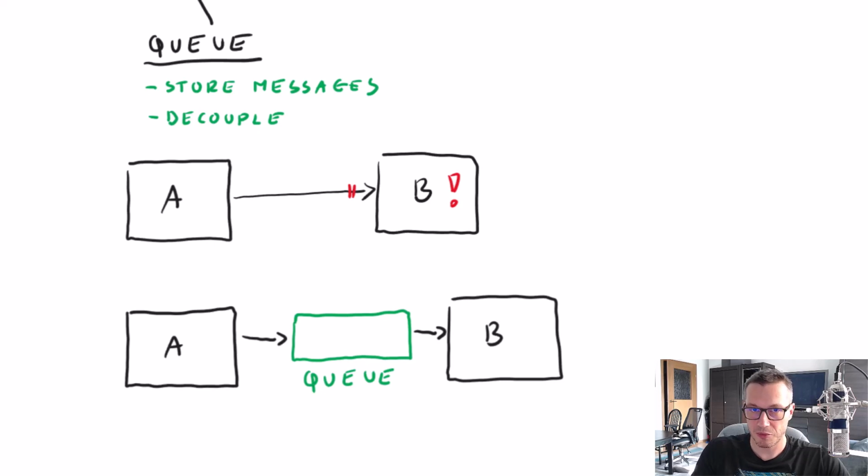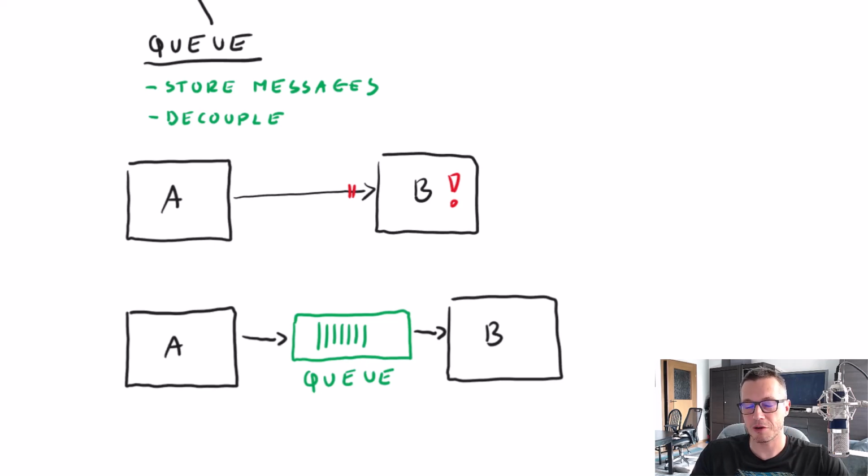So component A starts to work, it adds those messages, those bars are messages, and then component B, when it starts processing, simply picks them from the queue and works with them at its own pace. So even if there is a heavy load from A, it would just fill the queue, but no request is lost. They will just have to wait until they are processed by component B.